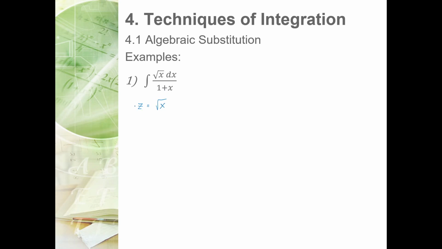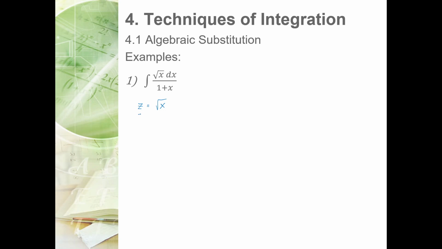In u sub, we directly get the derivative of your u. So that's why we have 1 half x to the power of negative 1 half dx. In this case, before we try to derive your square root of x, we first eliminate the radical expression by, of course, getting the square of both sides.